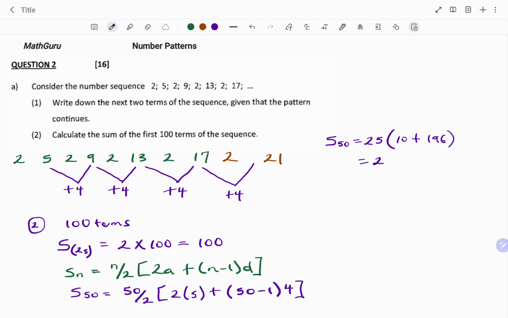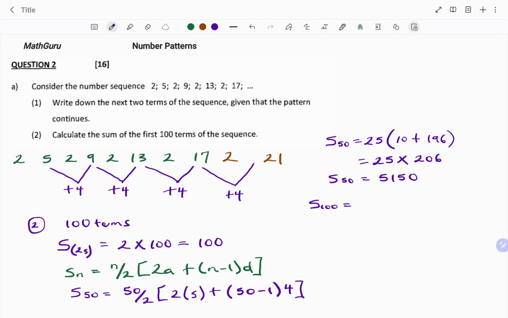That's equal to 25 times 206. Therefore, my S50 for the remaining terms will be 5,150.